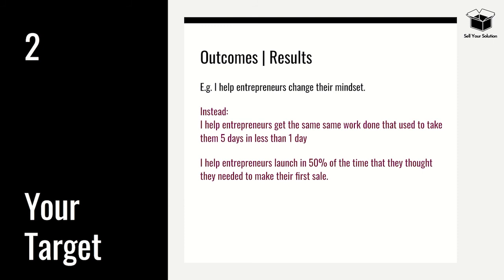So even if it's something inherently unmeasurable, give an example of how it would be measurable. It could be in time, it could be in number of clients, in dollar amounts, it could be in time saved, in savings added to their bank account, could be multiple things. But it needs to be an attractive outcome that justifies the cost of your offer. That's the main point.